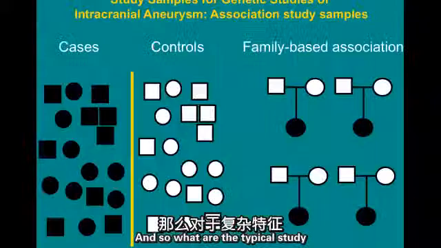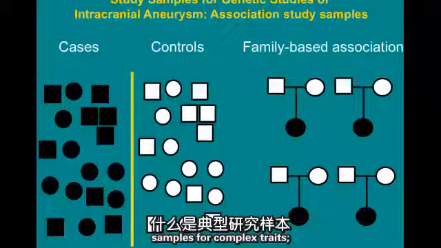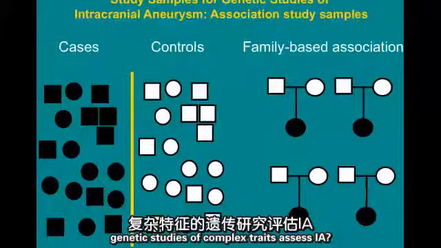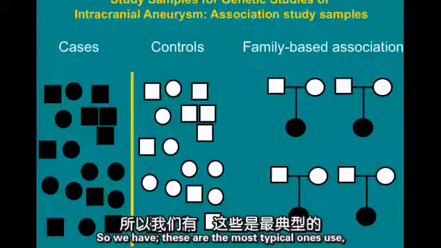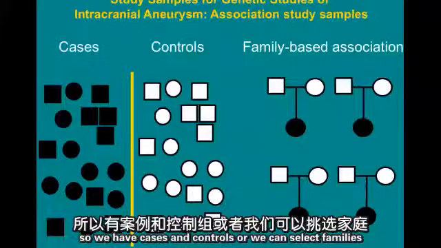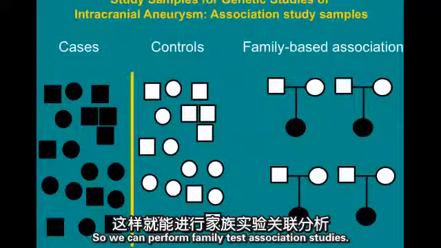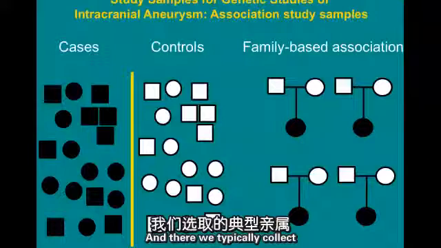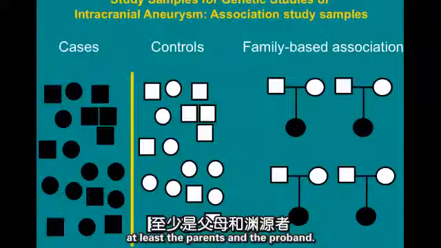What are the typical study samples for genetic studies of complex traits such as IA? These are the most typical ones used. We have cases and controls, or we can select families. We can perform family-based association studies, and there we typically collect at least the parents and the proband.